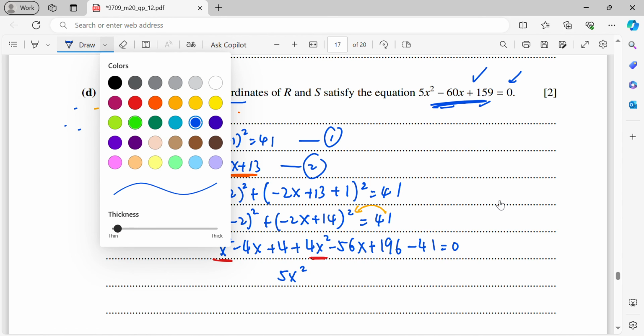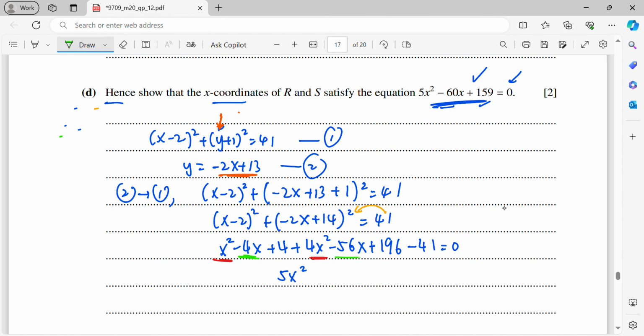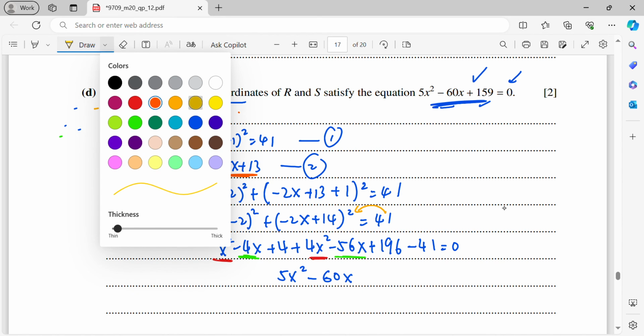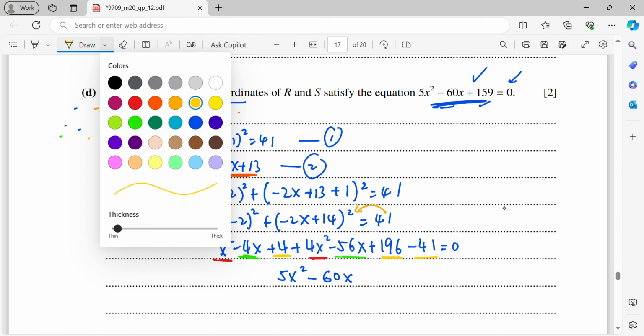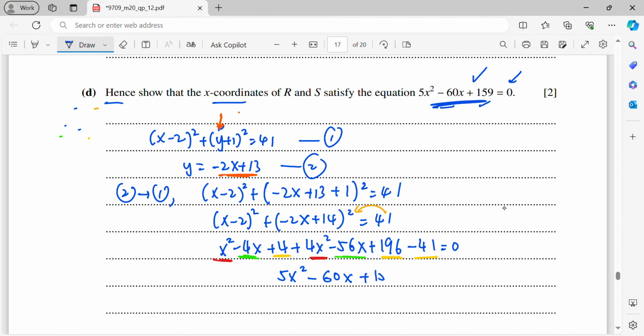Then for the x, -4x - 56x, that is -60x. Okay, so for the constants here, plus 4 plus 196, that is plus 200, plus 200 minus 41, that is plus 159, equals to 0. So we have shown the equation. Alright, so that's all for part D.